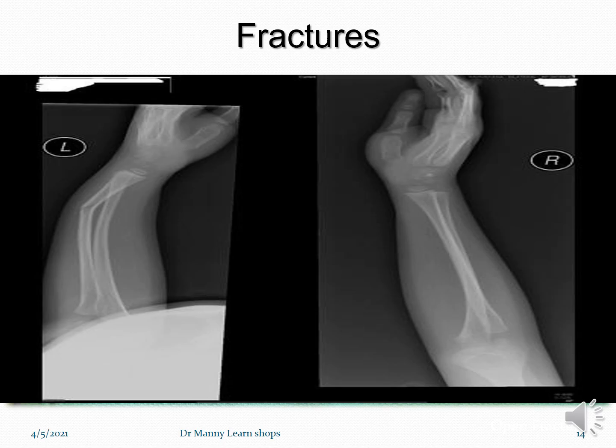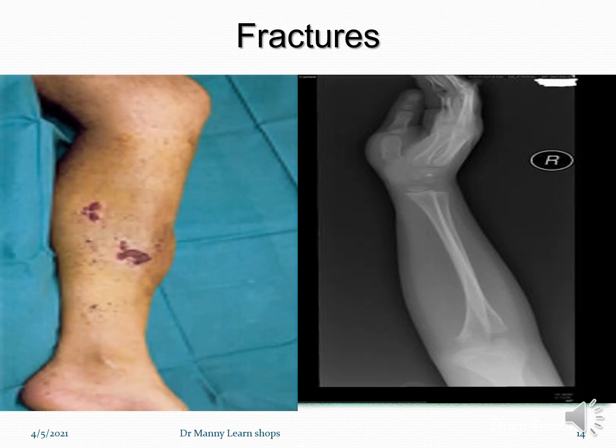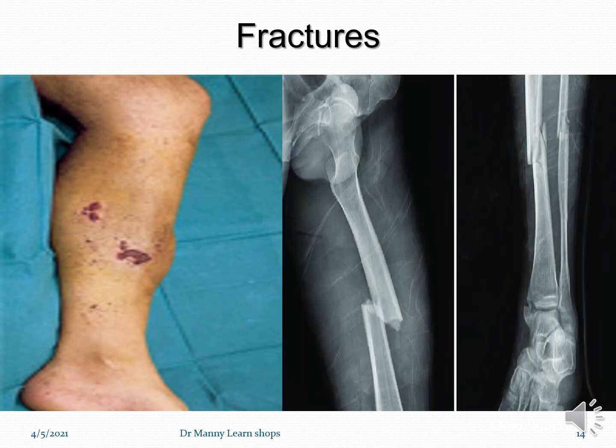Typically, diagnosis is on an X-ray. Here we've got leg, closed, and you can see fractured femur and fractured tibia and fibula on X-ray.